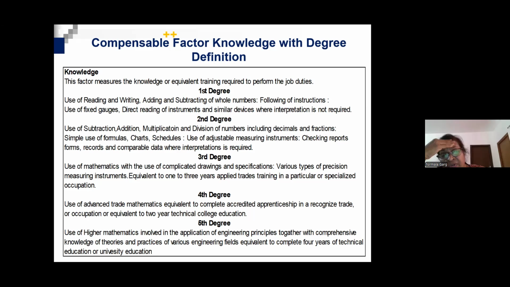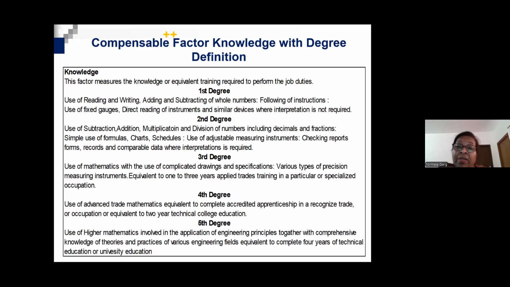Niti, do you want to read? Yes, ma'am. Use of advanced trade mathematics equivalent to complete apprenticeship in the recognized trade or occupation, or equivalent to 2-year technical college education.